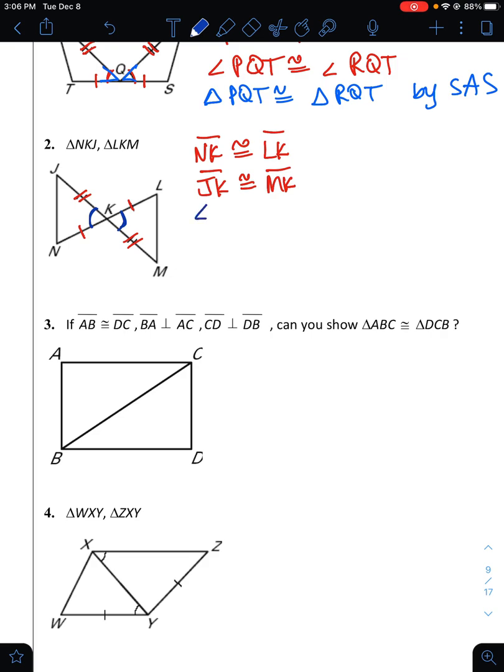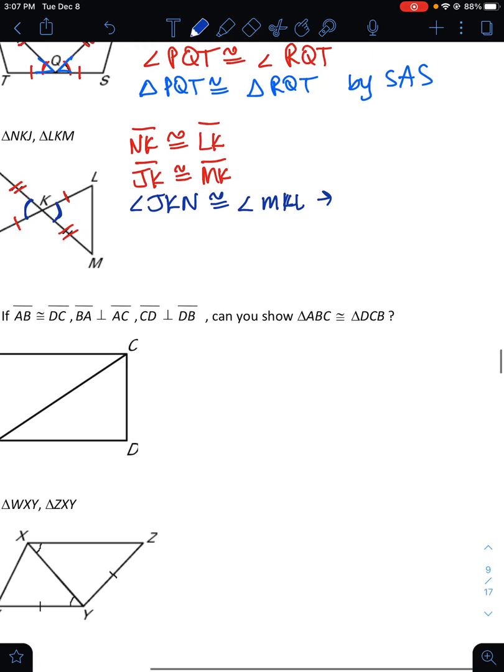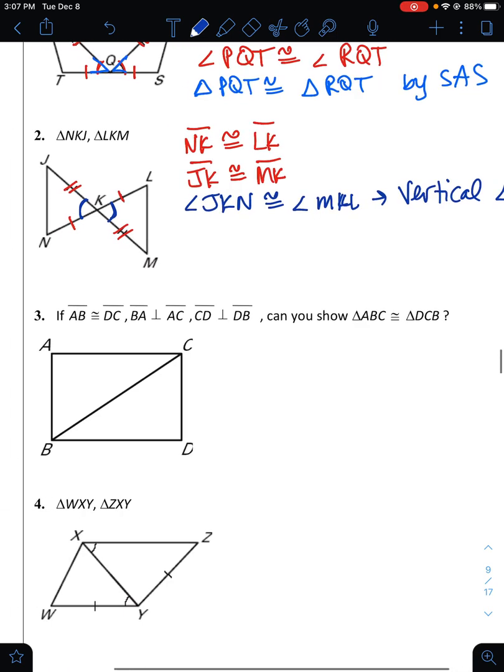So I see that angle JKN is congruent to angle MKL. And I'm just going to make a note over here that these are vertical angles. Because we're not doing a formal proof here, but these are things you need to find. So that being said, I have SAS. That vertical angle is included.